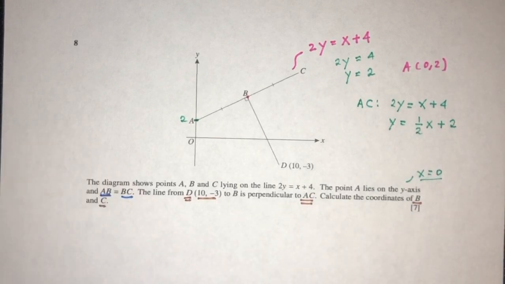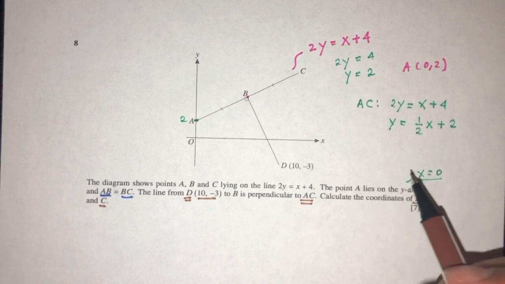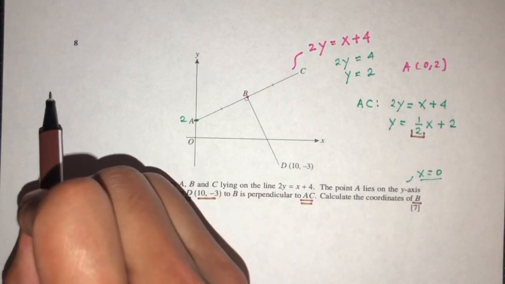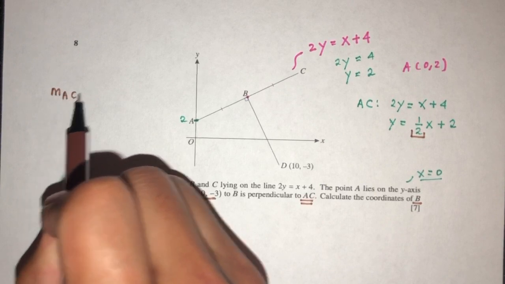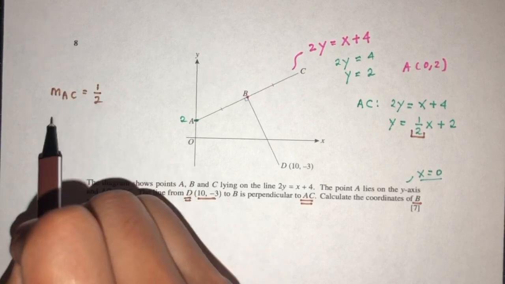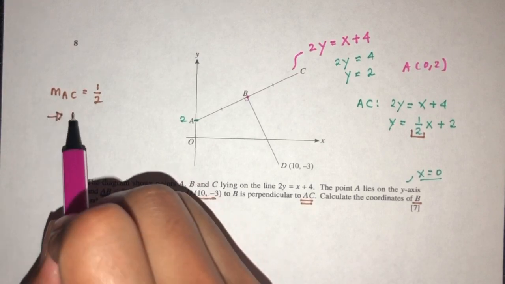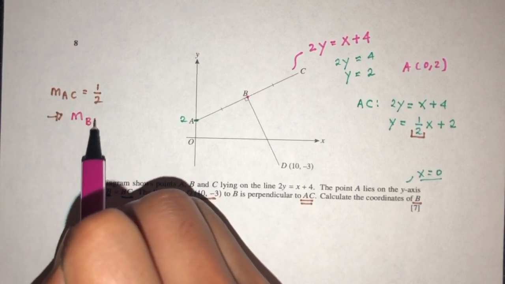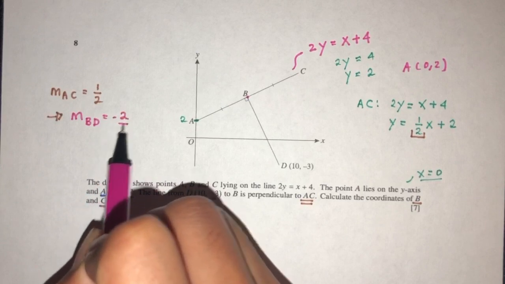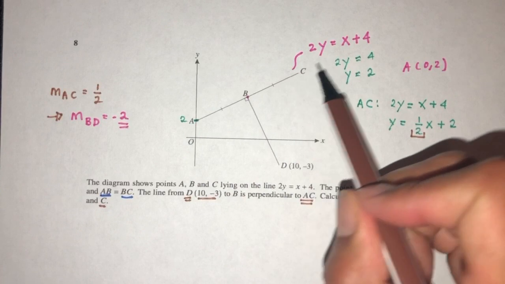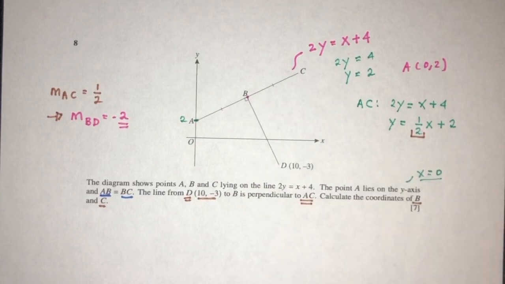Now by looking at this equation, you can see the gradient of AC is half. From here we can confirm that the gradient of BD has to be minus 2, because whenever we have two lines at right angles, they have a relationship. If this is half, the other line's gradient has to be minus 2.